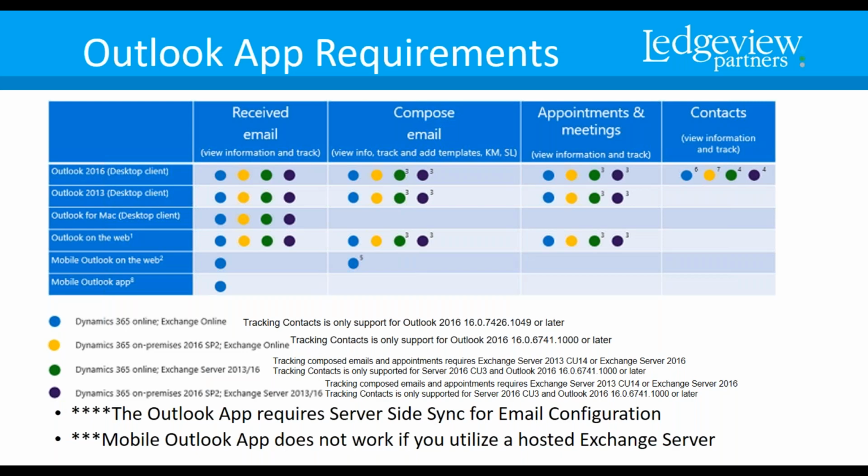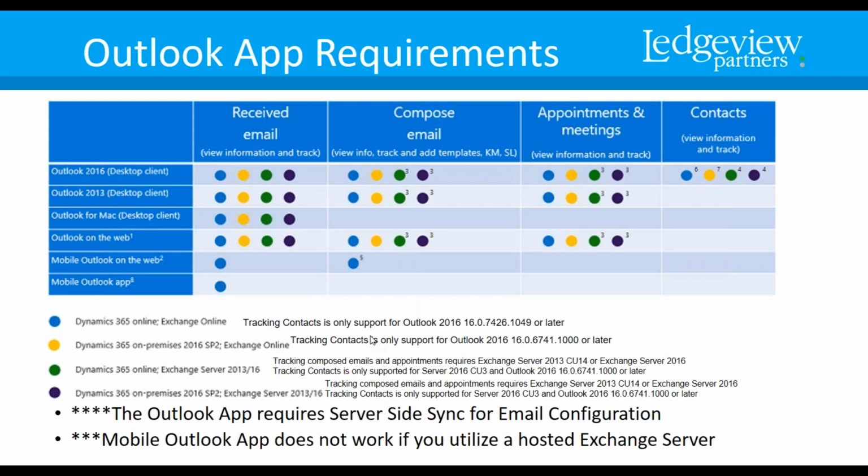Now, if you're on Dynamics 365 on-premise and Exchange Online, you can do everything except Mobile Outlook on the web and Mobile Outlook app. That's reserved only for online and Exchange Online. Tracking contacts is also only supported on that Outlook 2016 version or later. So very important to keep that in mind.